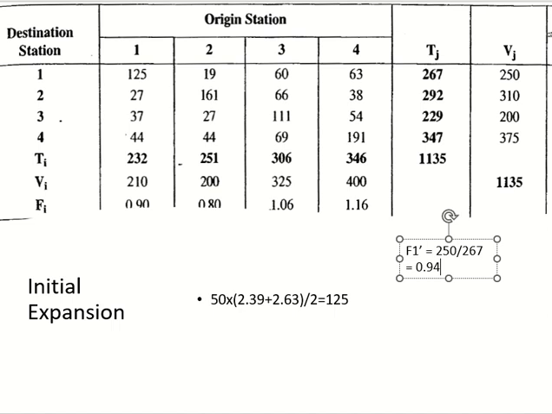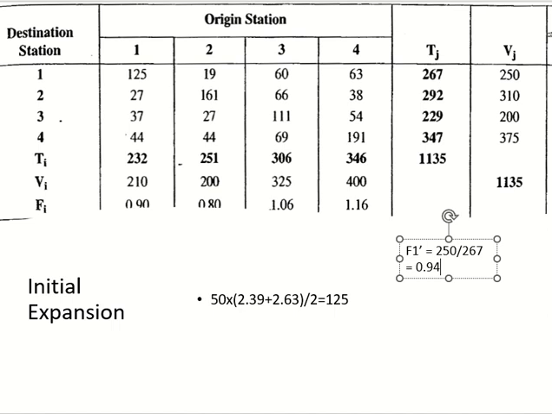So what will we do now? We are trying to make them 1. They didn't become 1. What should I do? I do another trial, the same procedure. Now I will use the new values and the new factors.